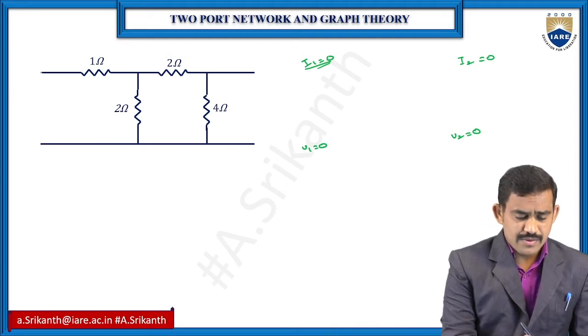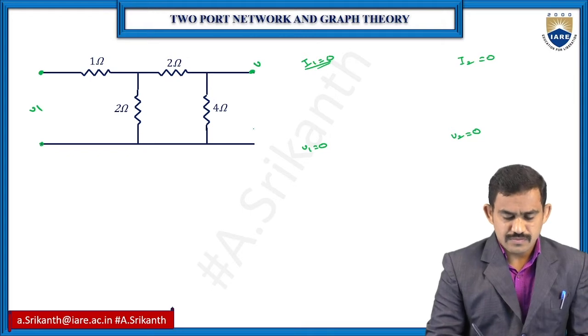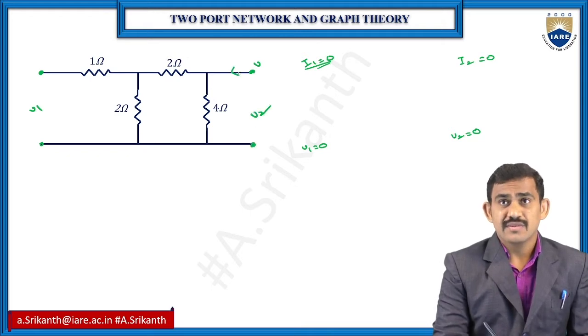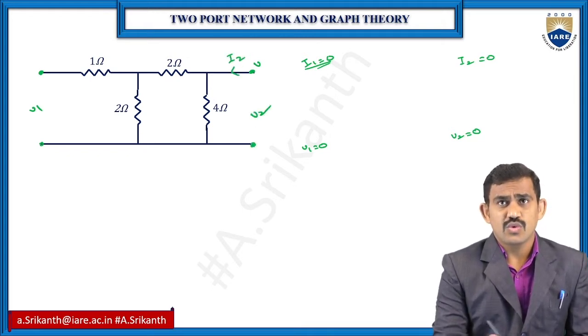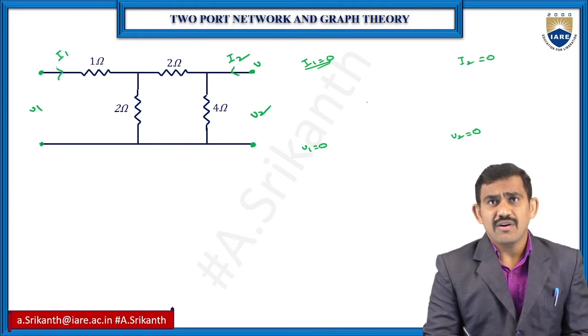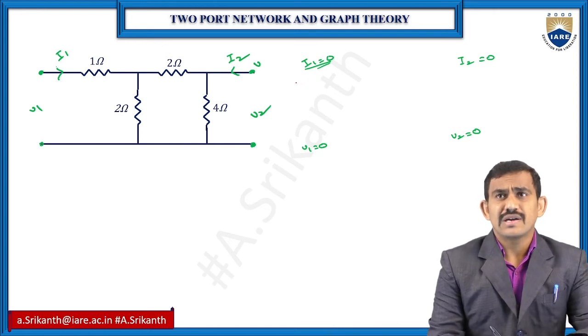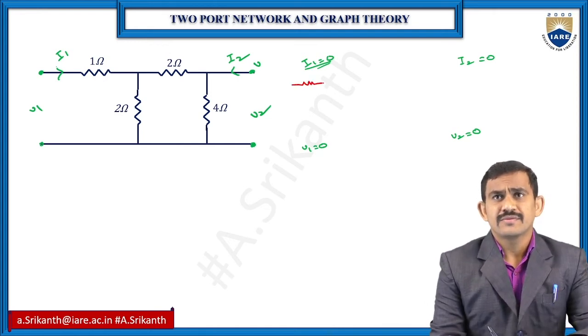So I have the V1 value, V2 value, I2 as well as I1. Now I1 is 0, so the primary side is open. Open means the 1 ohm is open.